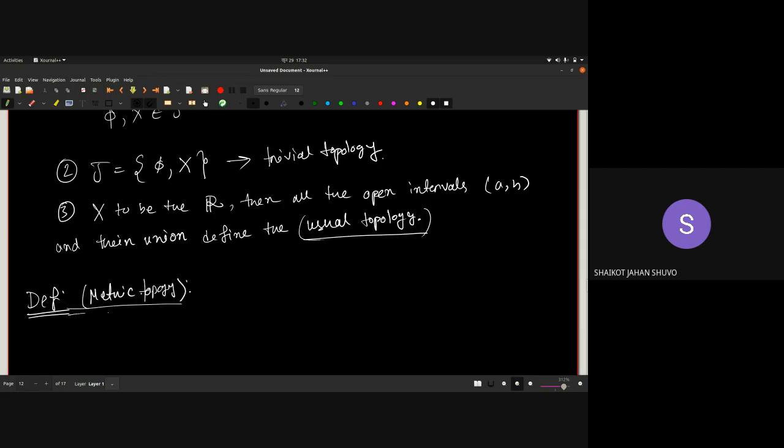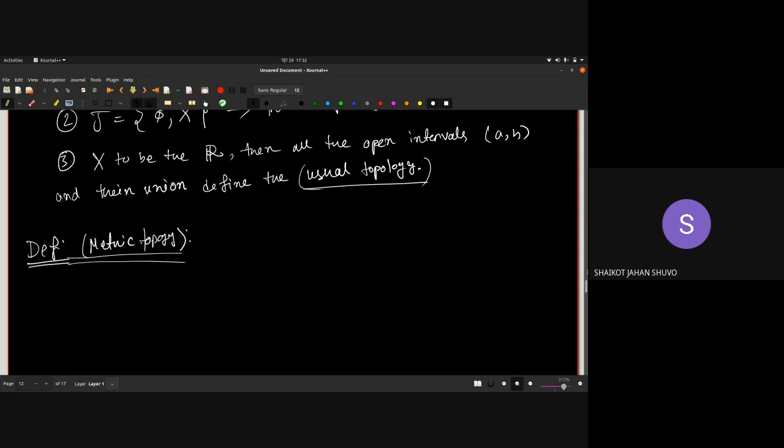This is the point where you start to deal with the metric. You define some distance. So first, let's define what is a metric. Definition. Metric.